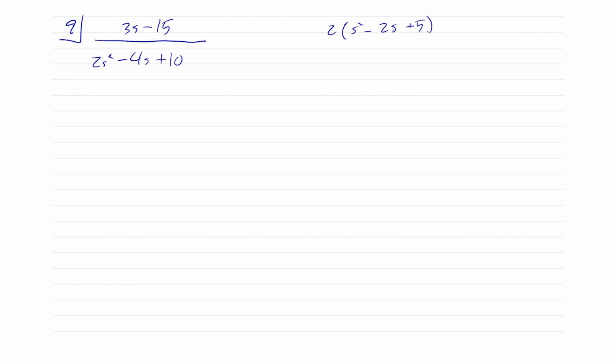Let's see. Yes, I think it will be. Specifically because we know that s squared minus 2s plus 1 is how you complete the square there, and that is going to have a vertex at, say, x equals 1, or s equals 1. And so now we're just shifting up by 5, so that's definitely not going to have a factoring.